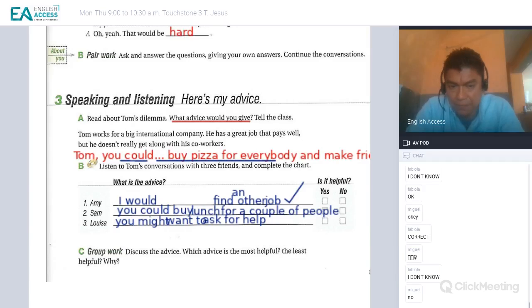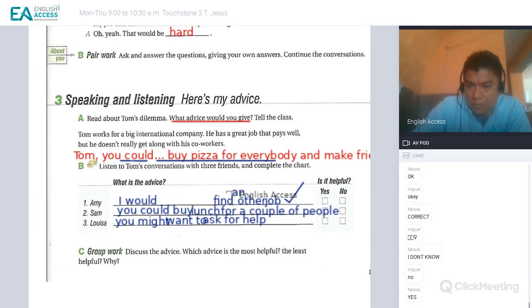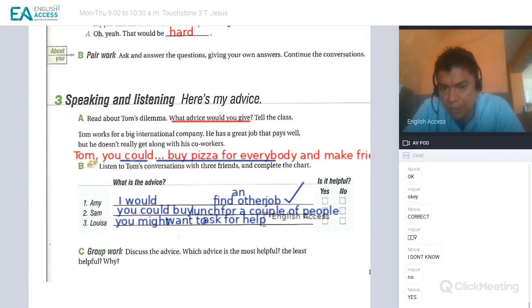Yes, Fabi? And what about number three? You might want to ask for help. Is this correct? Incorrect? What is the correct answer?